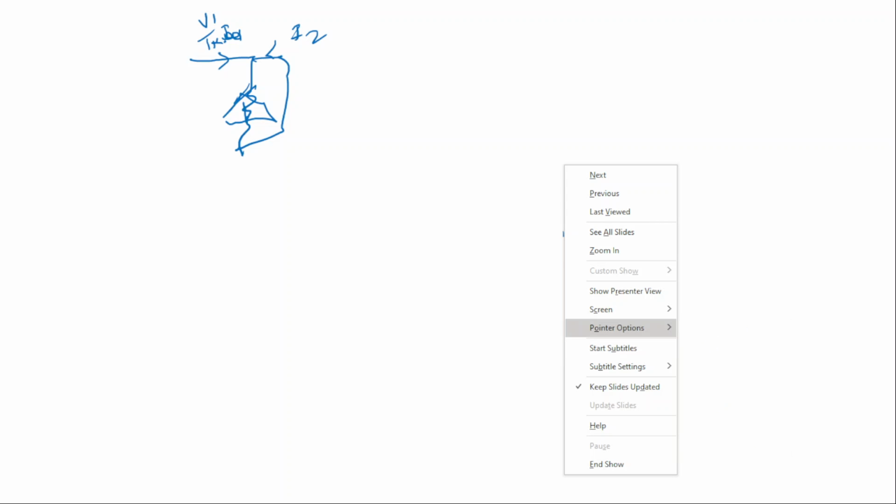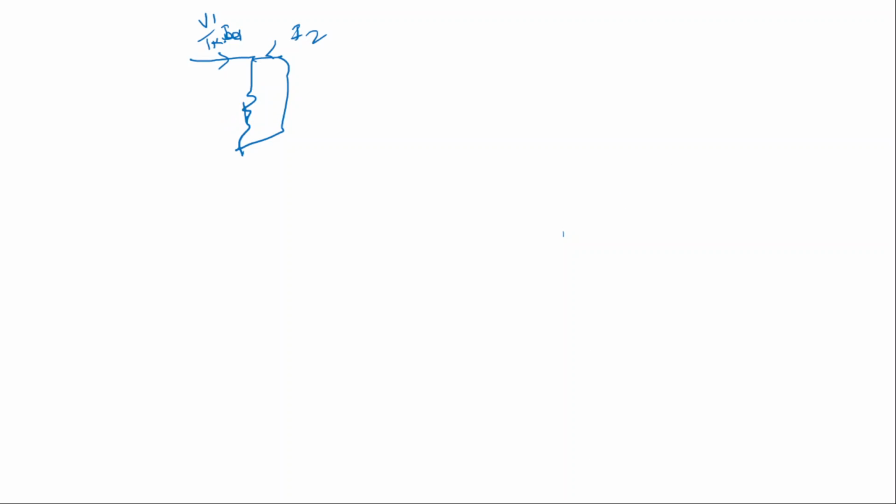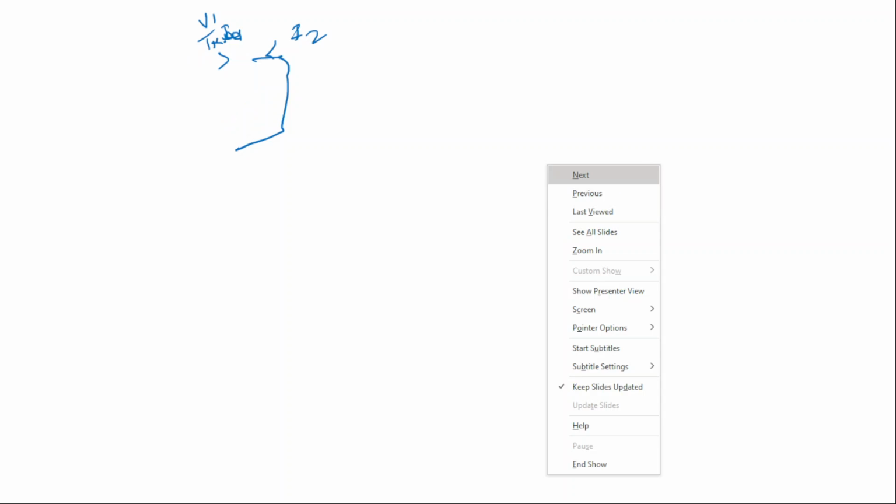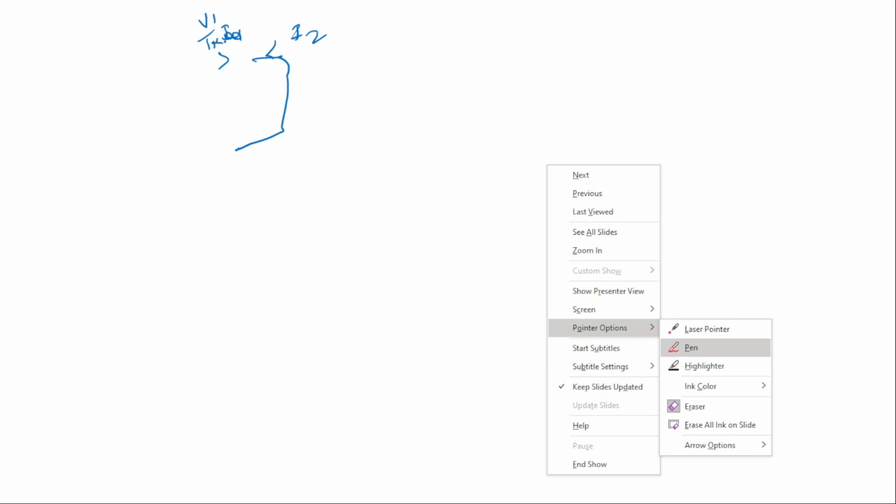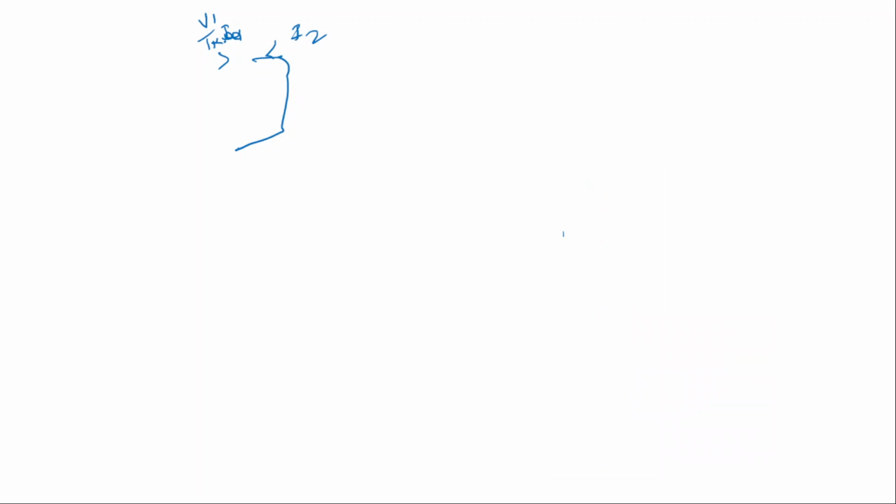Sorry for this bad handwriting. Okay, so this is our dependent current source, 2 millisiemens times Vx, and Vx is V1, so 2 millisiemens times V1.